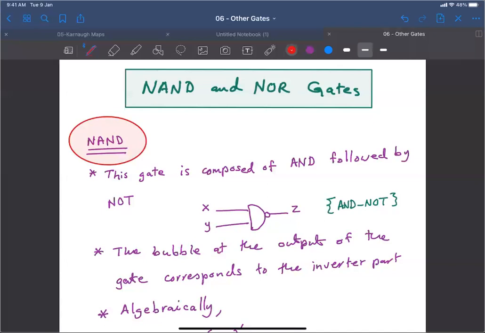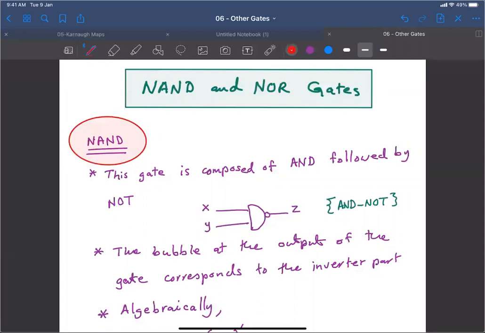Today we are going to talk about NAND and NOR gates. We have seen them very briefly before, but right now we will cover the details. So the NAND gate, to start with, is composed of an AND gate followed by a NOT.